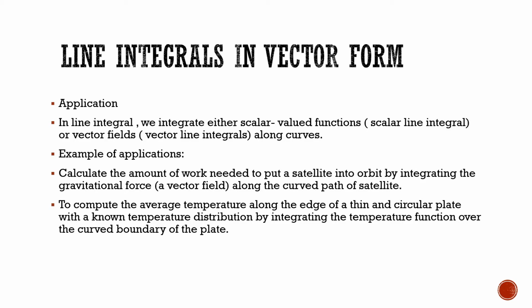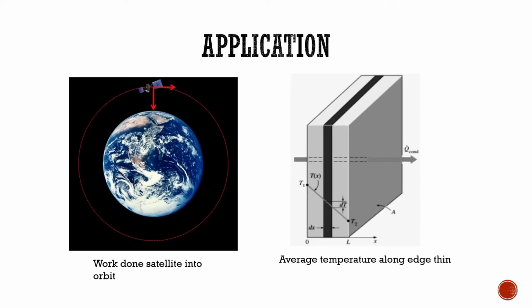For the second example, we can compute the average temperature along the edge of a thin circular plate with non-uniform temperature distribution by integrating the temperature function over the curved boundary of the plate. This figure shows the application of line integrals in vector form to work done putting a satellite into orbit and the average temperature along an edge.